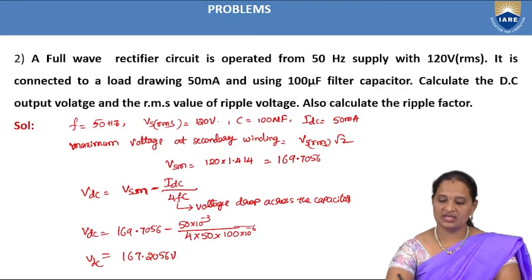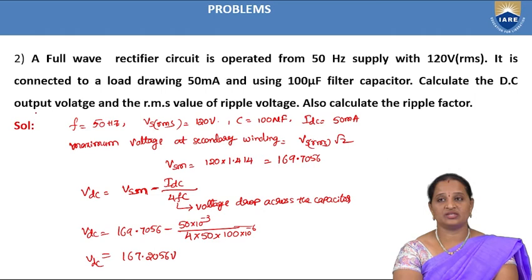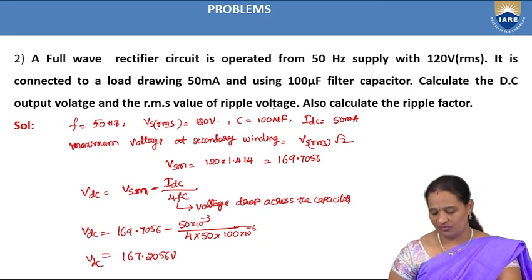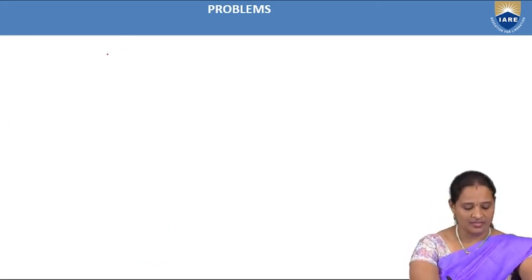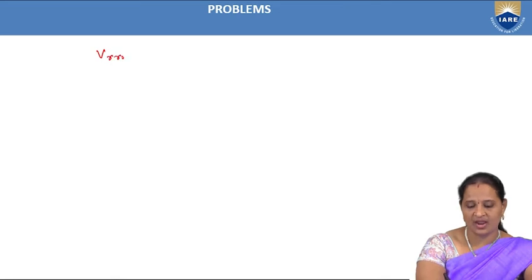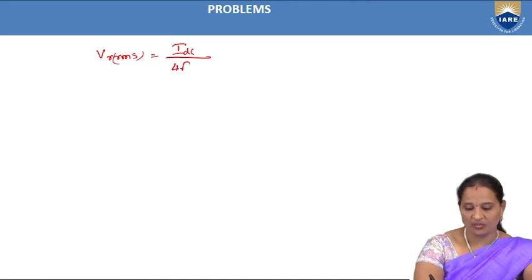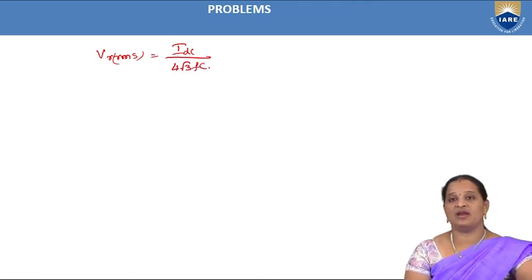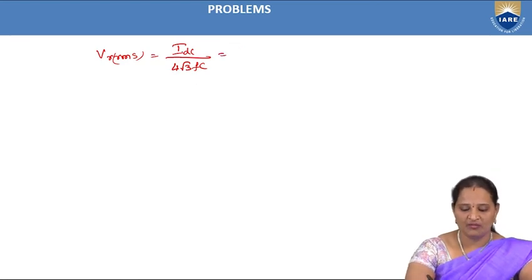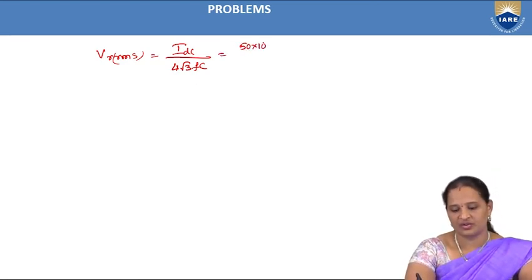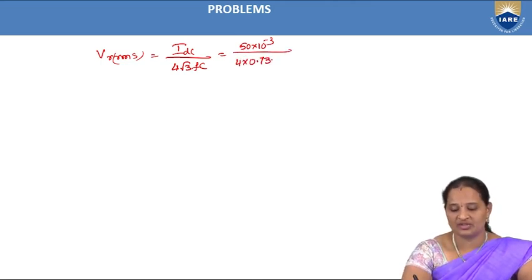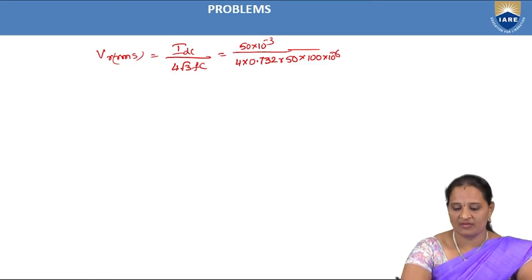And what else did he ask? He asked us to find the DC output voltage across the load resistor, and also the RMS value of ripple voltage. We already know that the RMS value of ripple voltage, VR RMS, is given by IDC divided by 4 root 3 FC, where IDC is known, that is 50 into 10 to the power of minus 3 divided by 4 into root 3, which is 0.732, into frequency 50 into capacitance 100 into 10 to the power of minus 6.